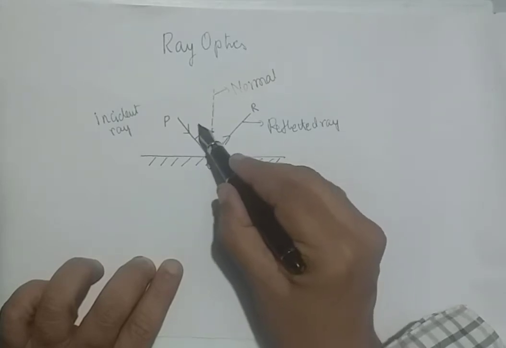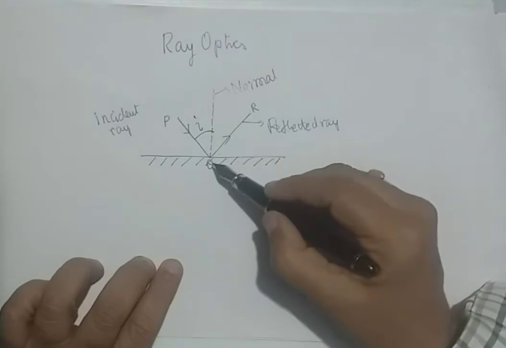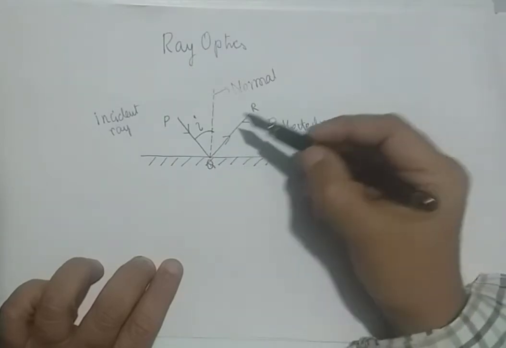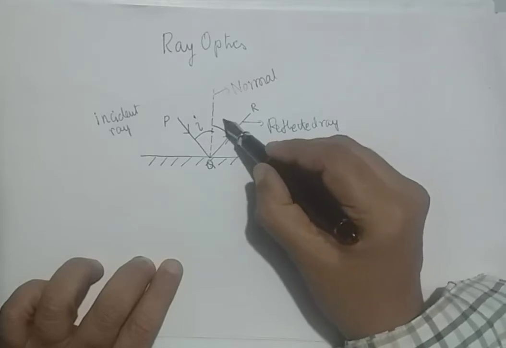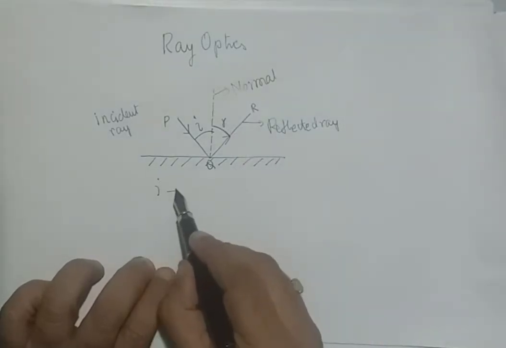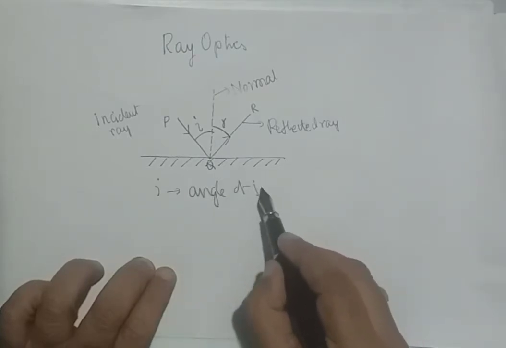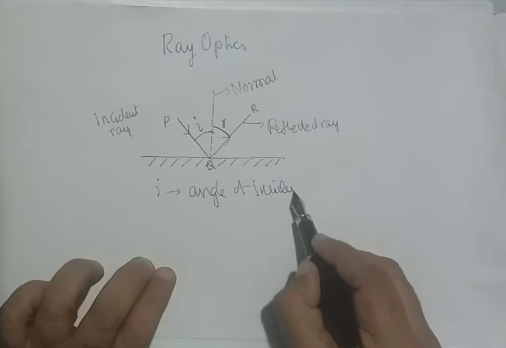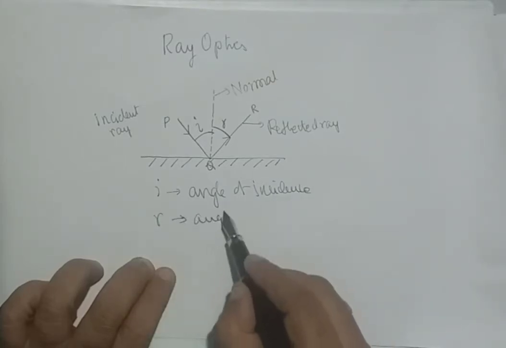This I call the angle of incidence, I. In the same manner, QR, the reflected ray, makes some angle with the normal, and this is called the angle of reflection. So I is the angle of incidence, R is the angle of reflection.